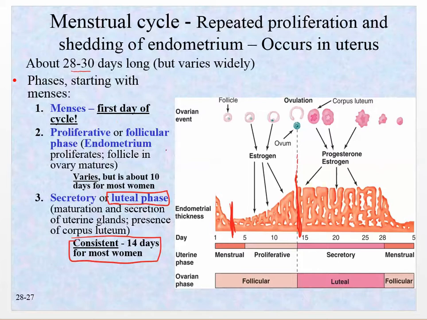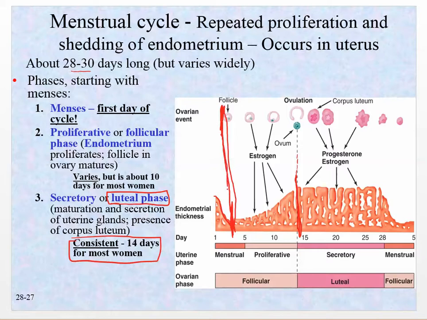So I want to add one more thing to this. It's pretty important, and I kind of talked about it here with the luteal phase. Menses, of course, is when the endometrial lining is being shed, and then we start the follicular phase in the ovary. The beginning of the follicular phase of the ovary coincides with the proliferative phase in the uterus.